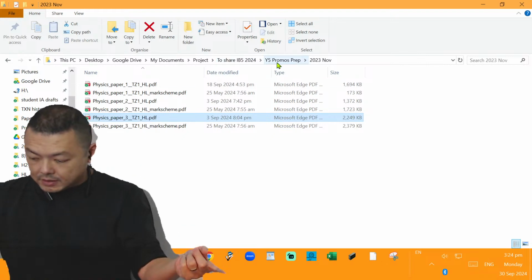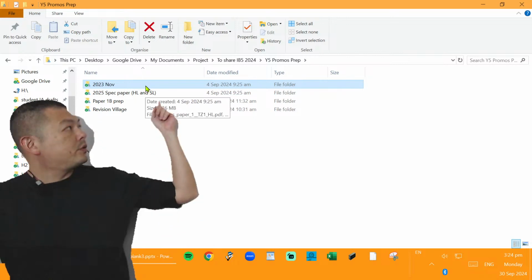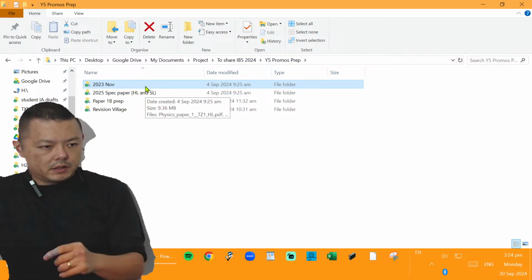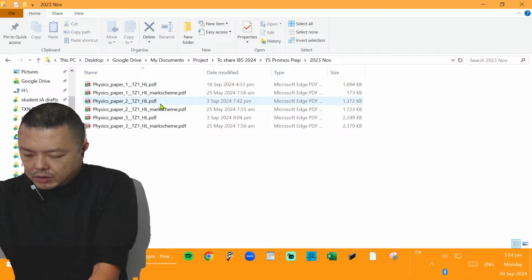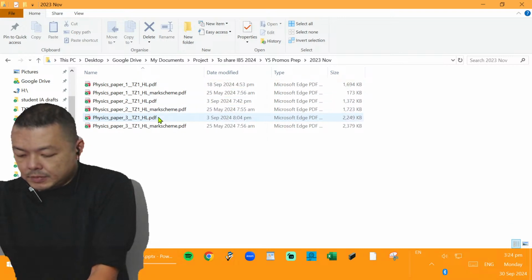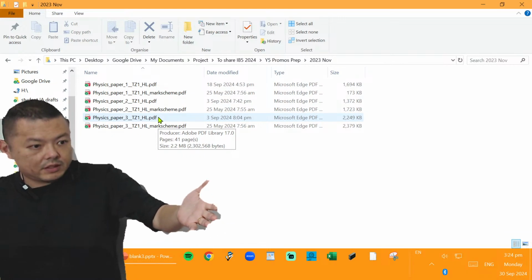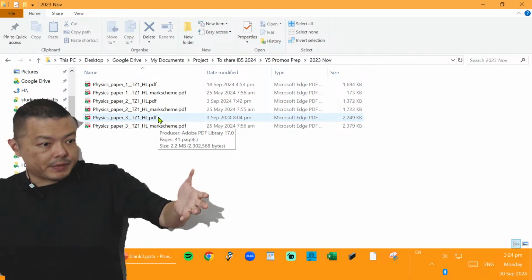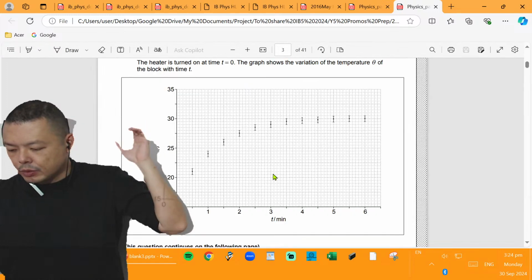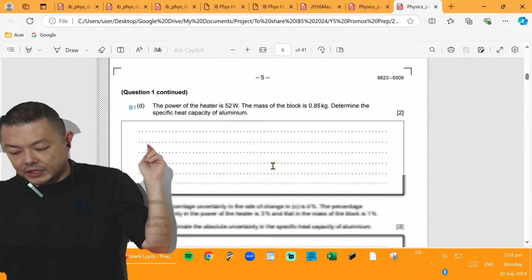Have you done the paper here, this 2023 November? Okay, so you can go ahead and do that one now. Just take note of this, you're doing A4, right? You're being tested on A4, rigid body mechanics. Okay, so rigid body mechanics is an option in this paper here.